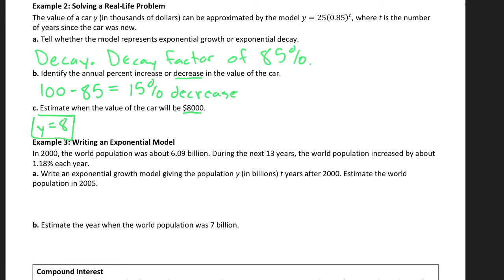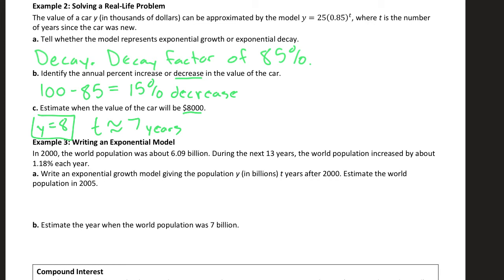If you do that and go into the graph, it's not going to land on a perfect number. But if you drag along your graph, it's about when t is about 7 years. A different way you could do it is to plug in 1 year, 2 years, 3 years, 4 years, and just keep going.